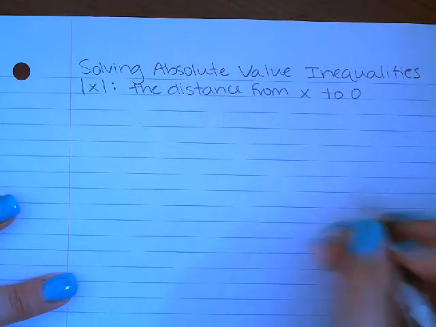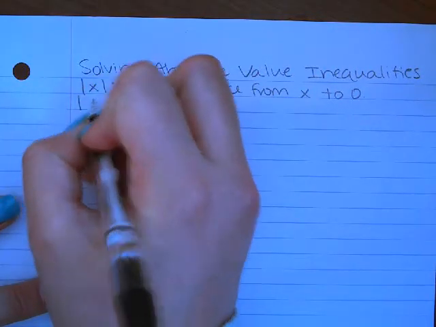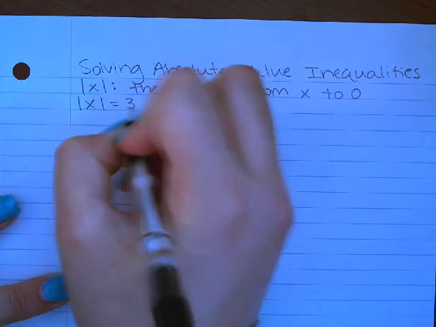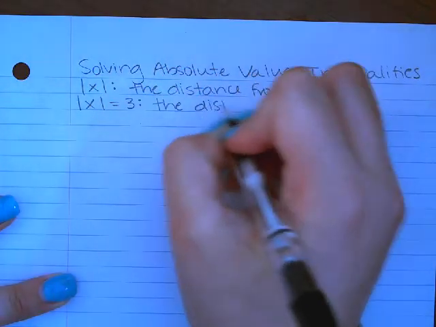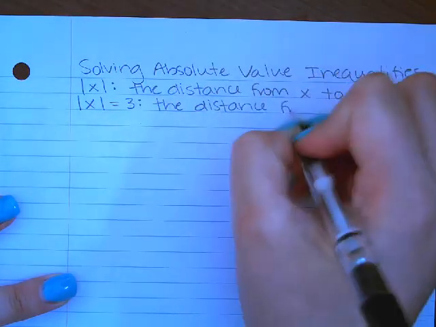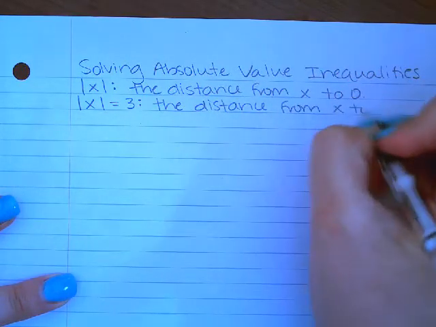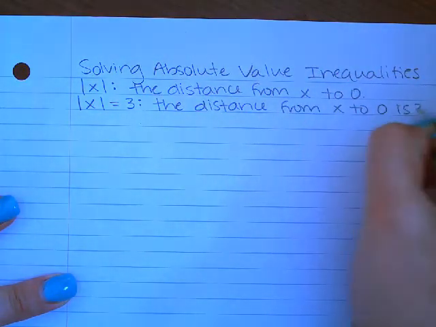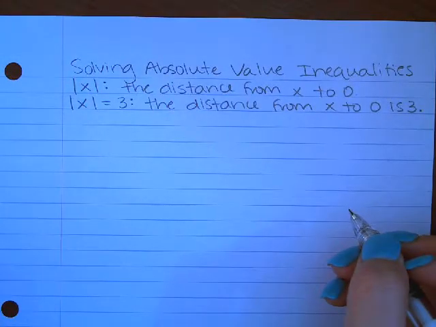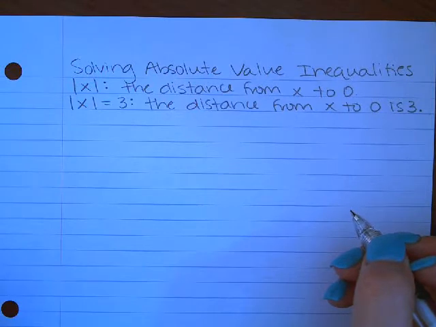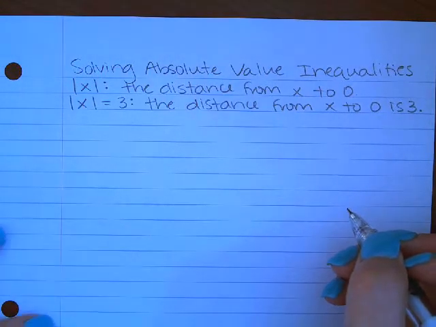Yesterday, when we were talking about equations, we said the absolute value of x equals 3 means that the distance from x to 0 is 3. And so we got specific answers. In this case, x could equal positive 3, x could equal negative 3. There's only two specific answers that would work for that problem.